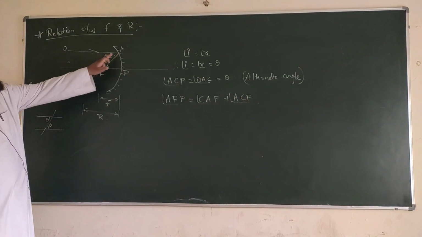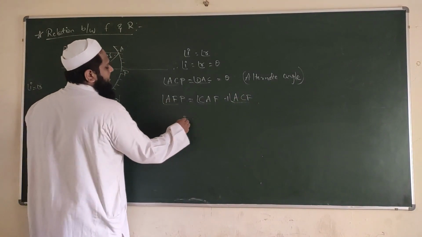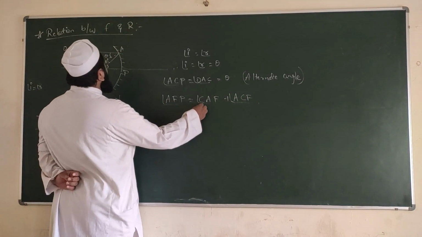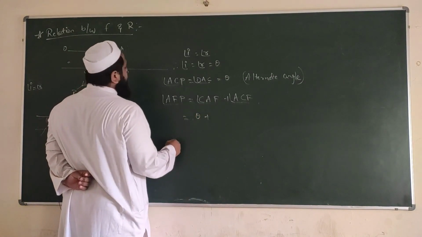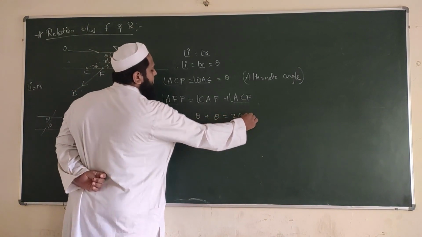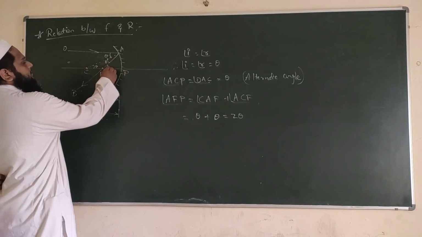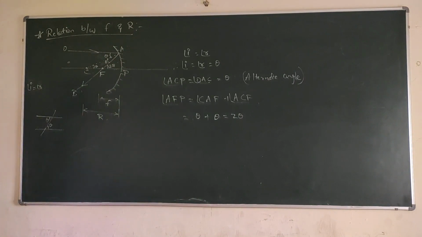AFP is equal to CAF plus ACF. CAF is theta. ACF is again theta. So this becomes 2 theta. I hope it is clear. You are getting it as 2 theta. Understanding with this, I hope. So this is about your angles, the basic starting part.